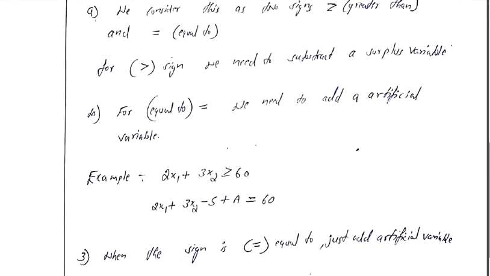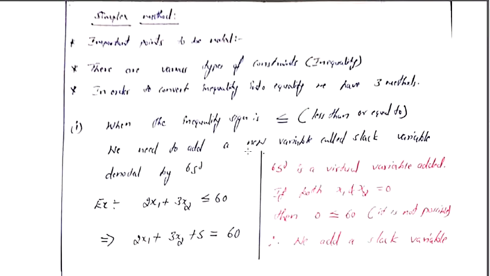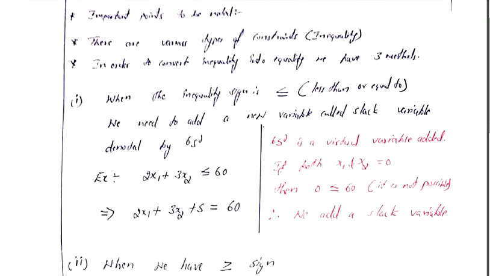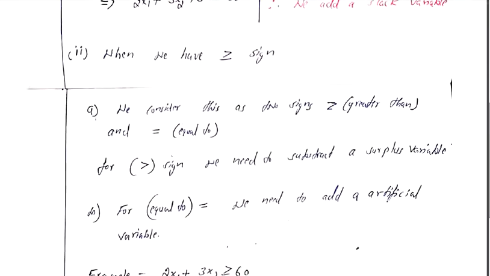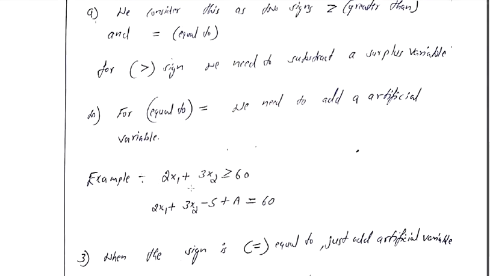We need to remember these simple points. When we have a condition like 2x1 plus 3x2 less than or equal to 60, we add a virtual variable called a slack variable. The second case is when we have a greater than or equal to sign, for example 2x1 plus 3x2 greater than or equal to 60.